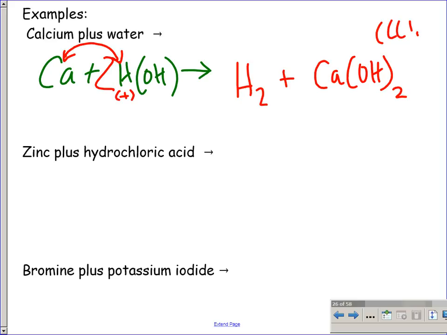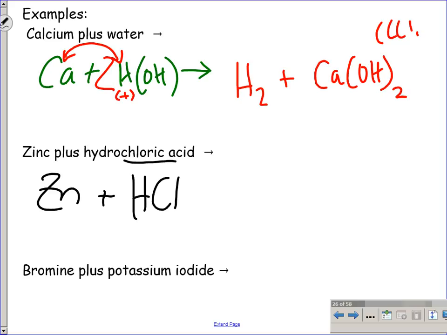How about within hydrochloric acid? What are the reactants? Hold on, reactants. Zn plus HCl. Hydrochloric acid is a binary acid, H with one other non-metal, which is chlor. Chloric is chlorine.